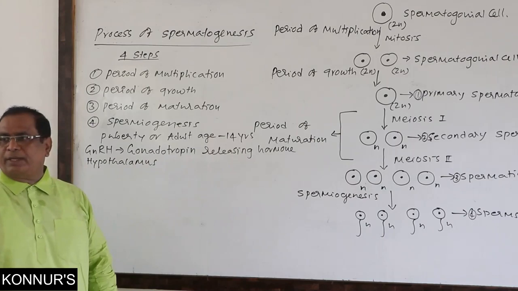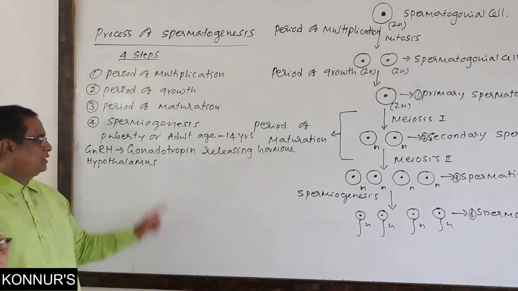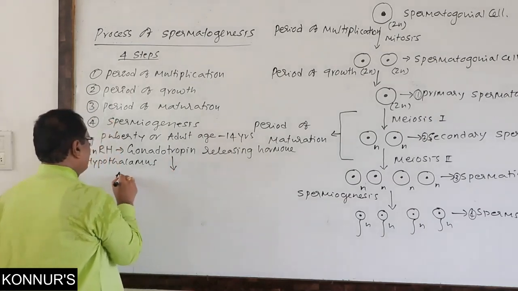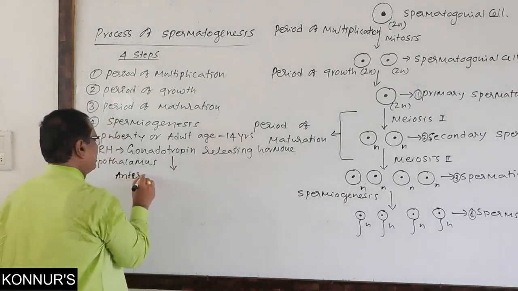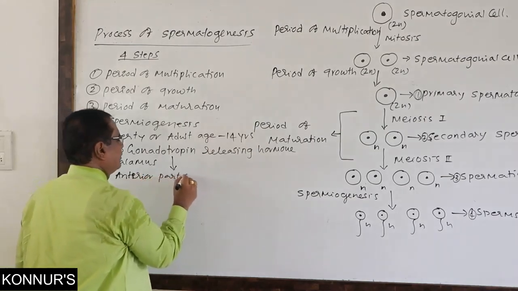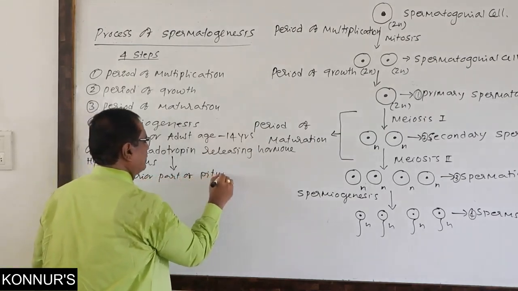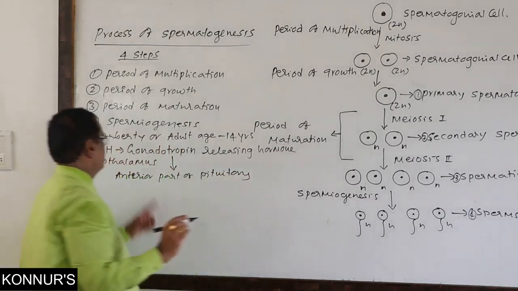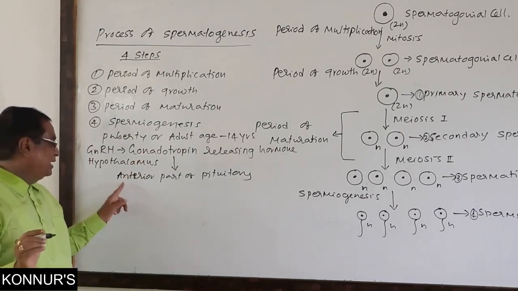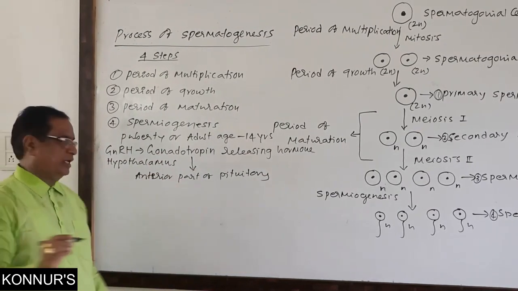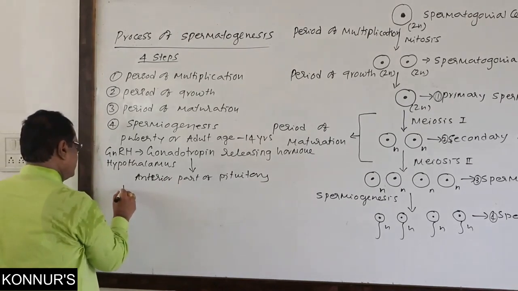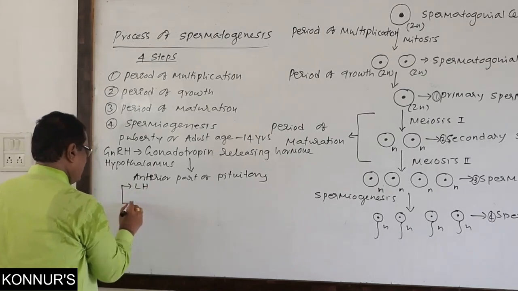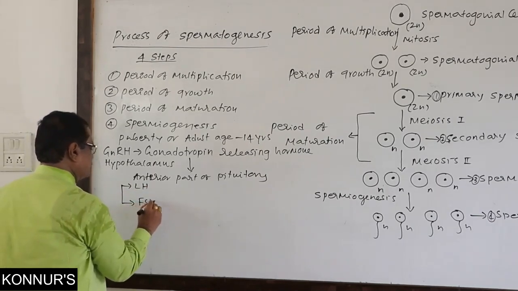Once this gonadotropin releasing hormone is produced, it stimulates the anterior part of pituitary so that it produces two hormones. One is LH, another one is FSH.